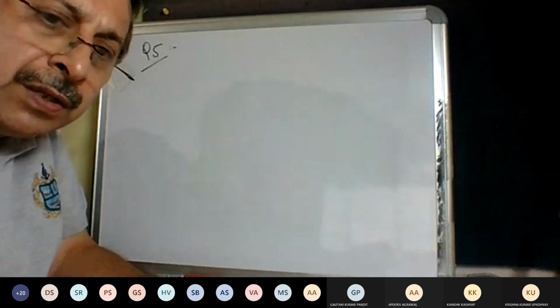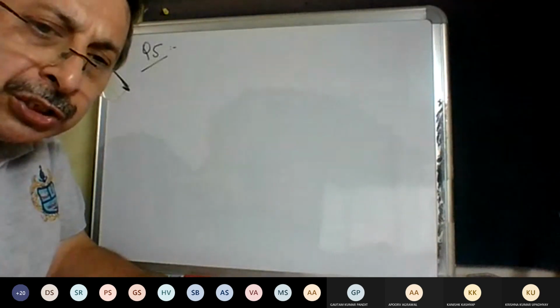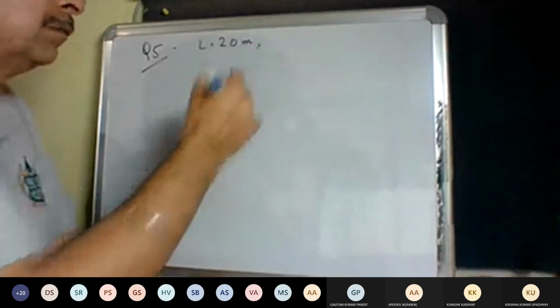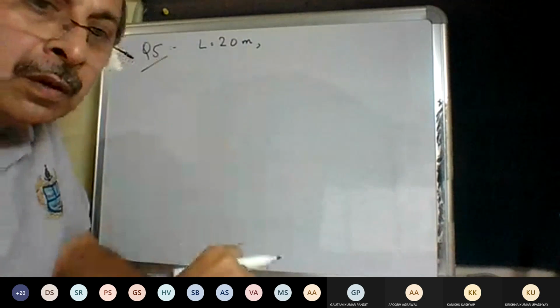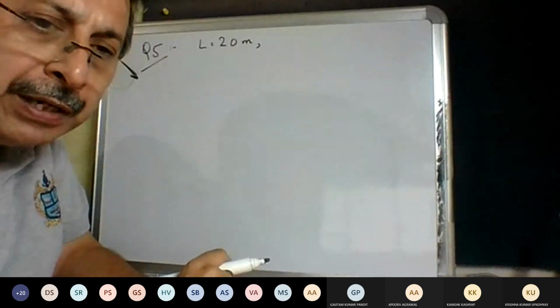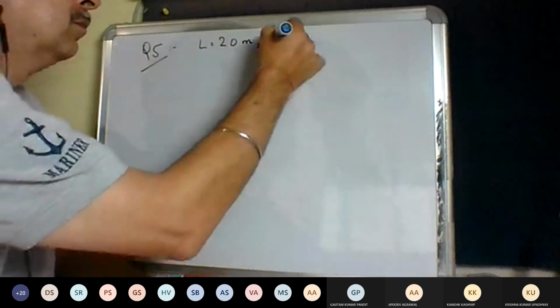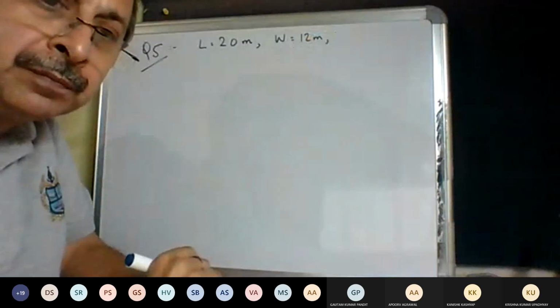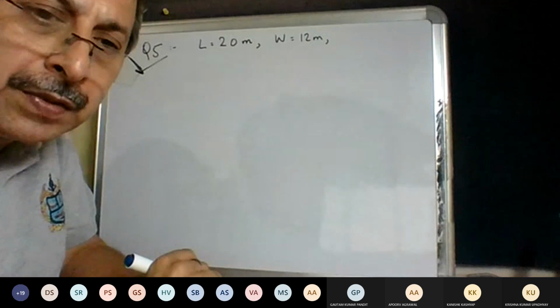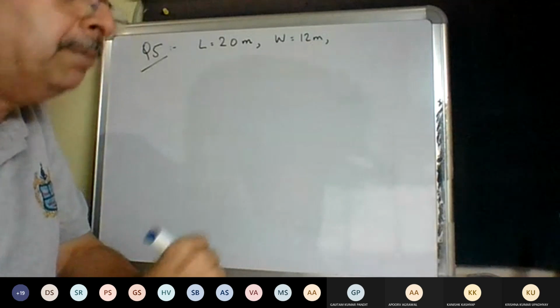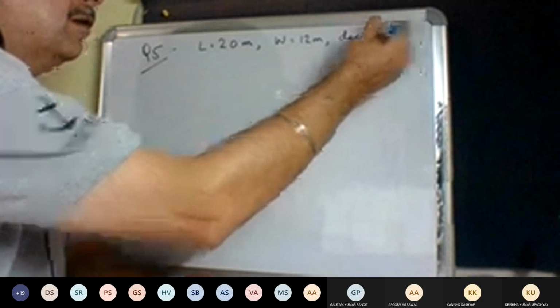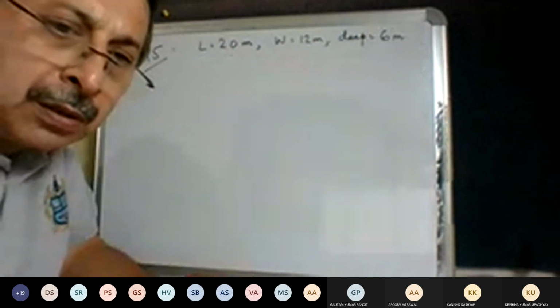So it says there's a barge of triangular cross section 20 meter long. So length is 20 meters. And 12 meters wide. And 6 meter deep.